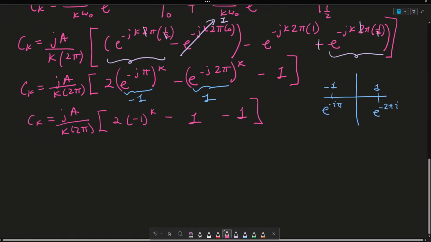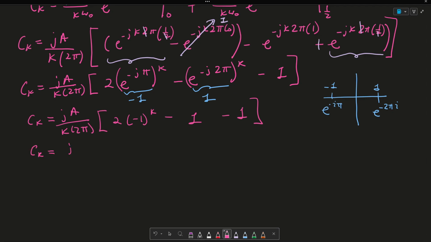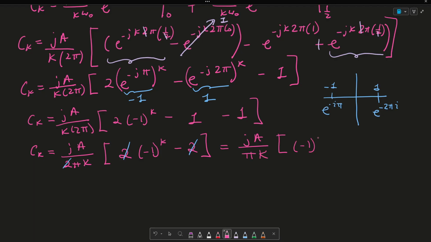And to continue, we can then say that ck is equals to ja over 2 pi k. This is going to be 2 times negative 1 to the k minus 2. If I go ahead and pull out this 2 from here, here, and here, I am left with ja over pi k times negative 1 to the k minus 1.